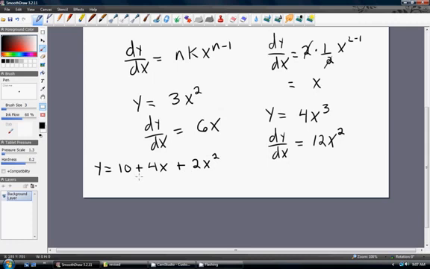Here we can use some of the rules that I just introduced. The derivative of a constant is 0. The derivative of 4x is just going to be 4. And then the power function rule on the last part, we're going to get 4x. So that is the example of the power function rule.